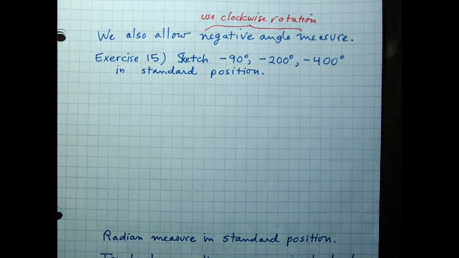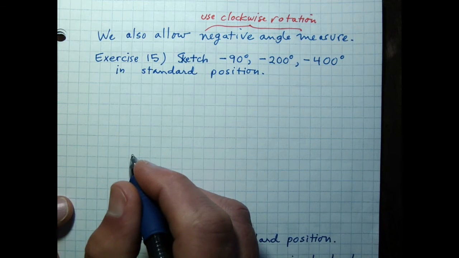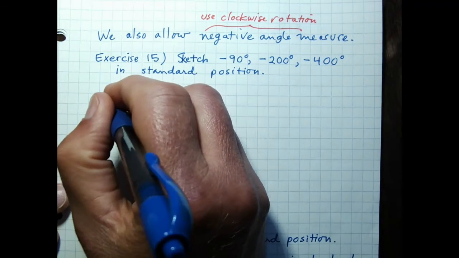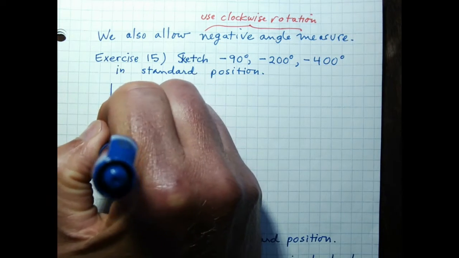So while we measure positive angles in a counterclockwise way, negative angles are measured in a clockwise rotation from the positive x-axis.